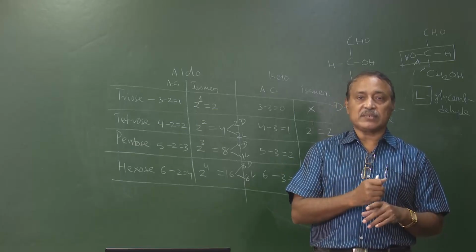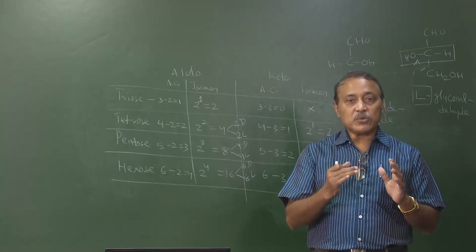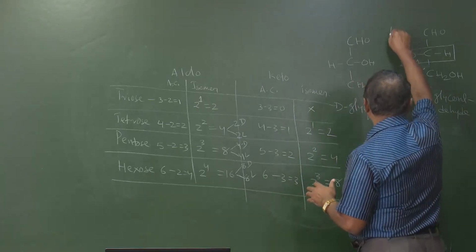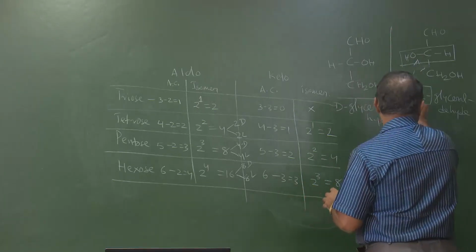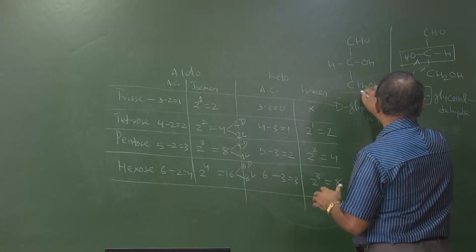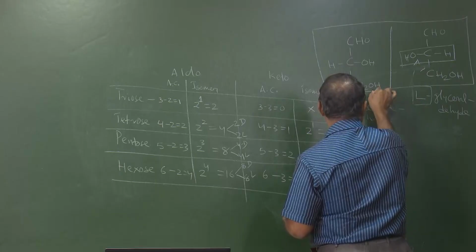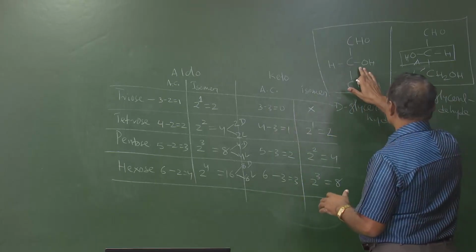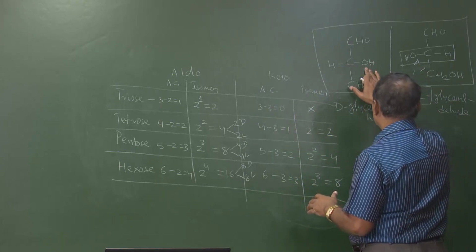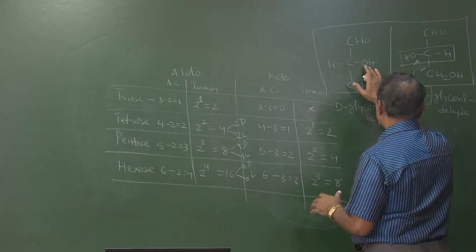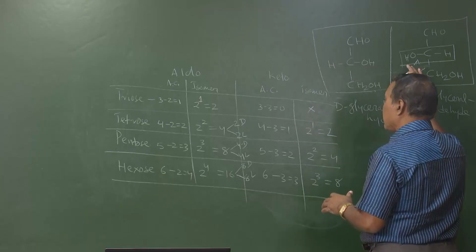Take a mirror image, because D-glyceraldehyde and L-glyceraldehyde are mirror images. You know, our left hand looks like the right hand. So if it is on the right side, it will be on the left side.